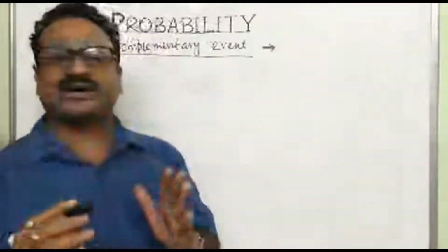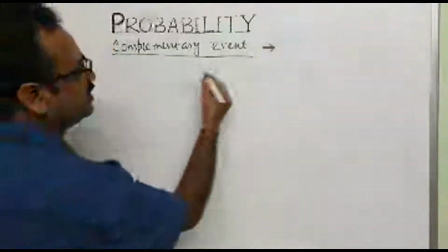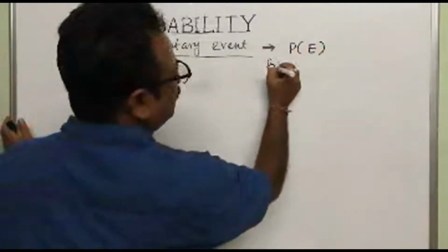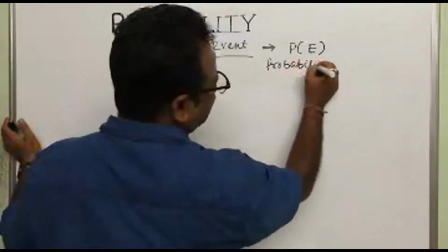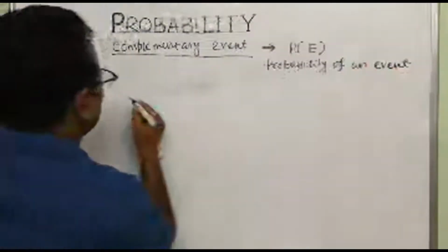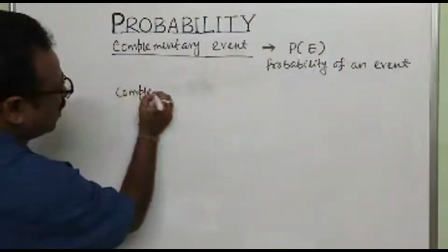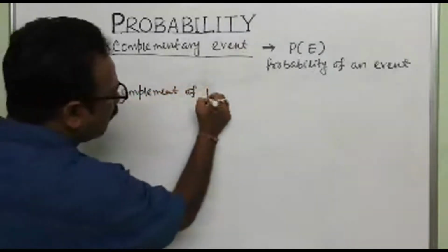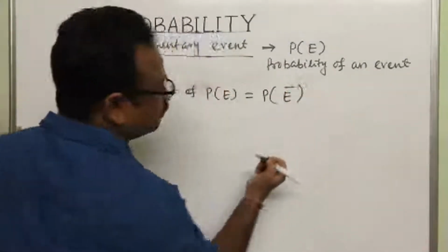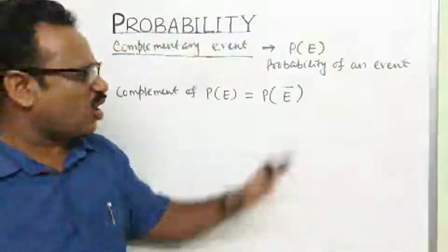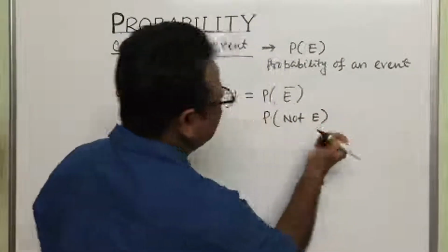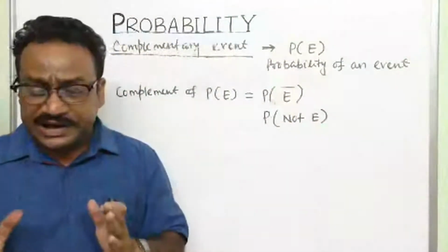Suppose one event, that is P(E), probability of an event. The complement of P(E) is P(E bar), or we can say P(not E).